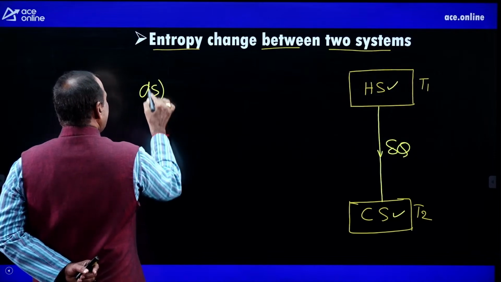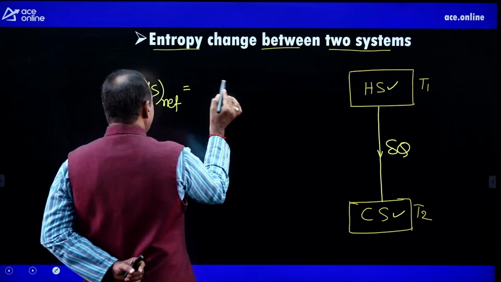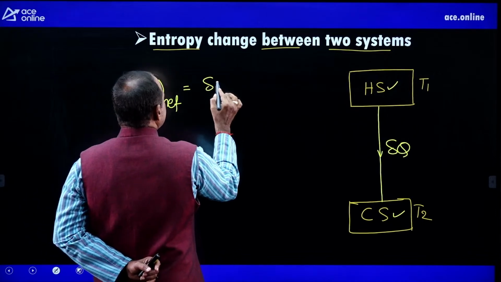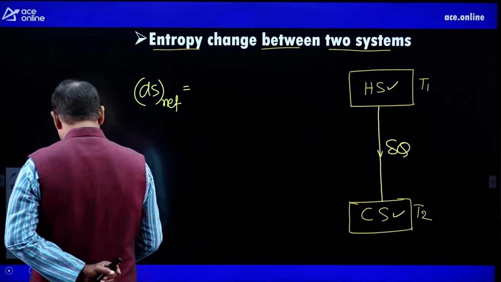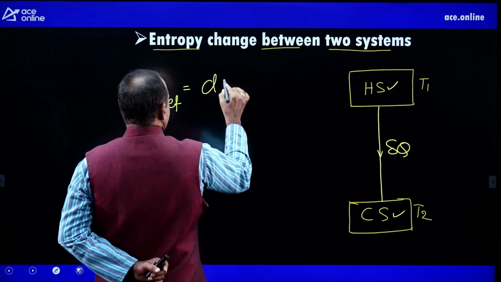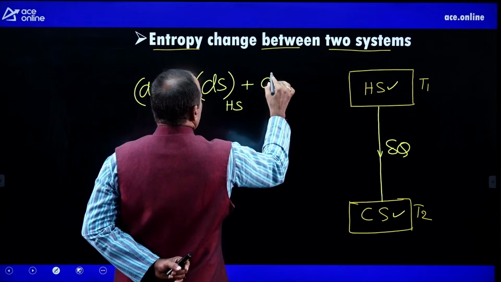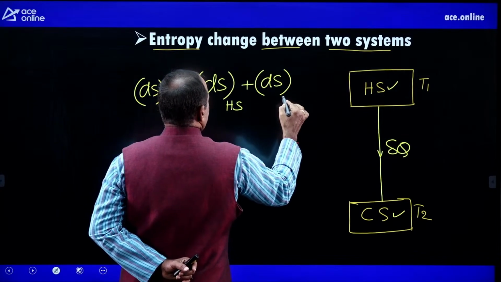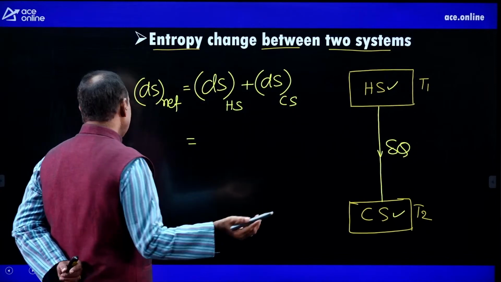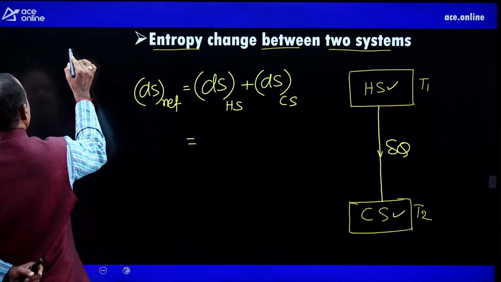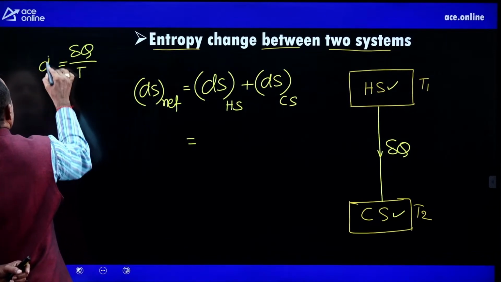Net change in entropy, I can write like this. Net change in entropy is equal to the change in entropy of the hot source plus the change in entropy of the cold source. Generally, heat transfer del Q divided by temperature gives the change in entropy dS.